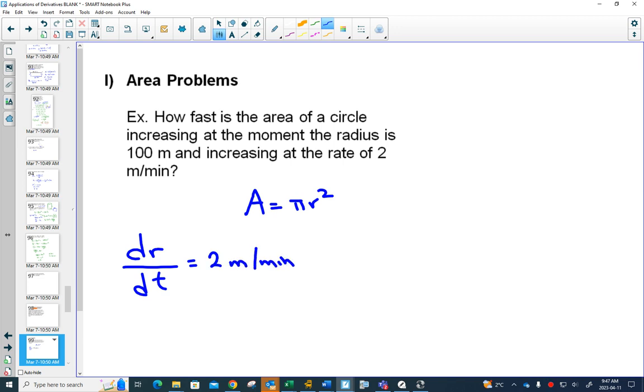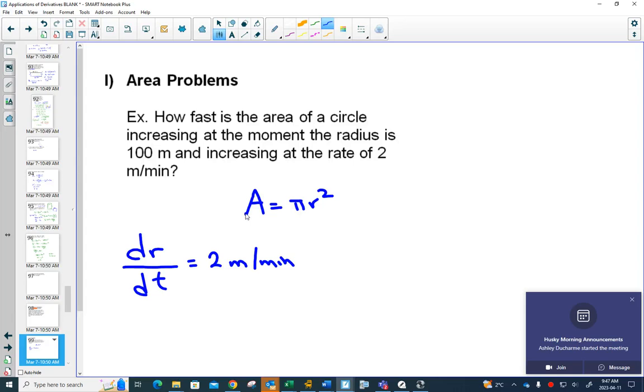Which means that radius is a function of time. If we have a dr/dt, that means there is some equation, even though we don't know it, that is radius equals blah, blah, blah, time. Its derivative happens to be 2 meters per minute.